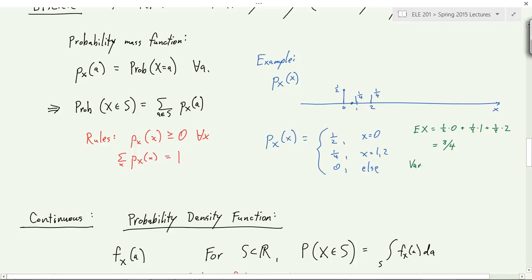We take this formula. It's an expected value, where we take the probability, so 1/2 times, and for this point, the distance to the mean is 3/4. So 3/4 squared. The negative doesn't matter because we're squaring. Then we go plus 1/4 times the distance to the mean, which was 1/4, squared. And the last one, 1/4 times the distance to the mean, which was 5/4, squared. If we calculate that all out, we get 44/64. That's the variance.